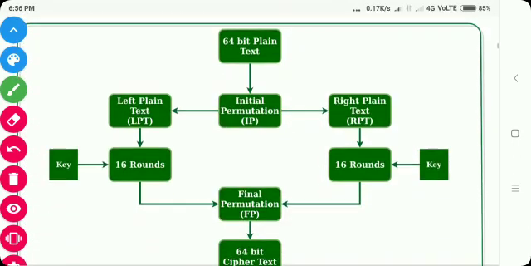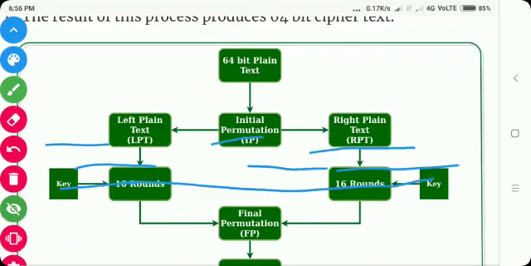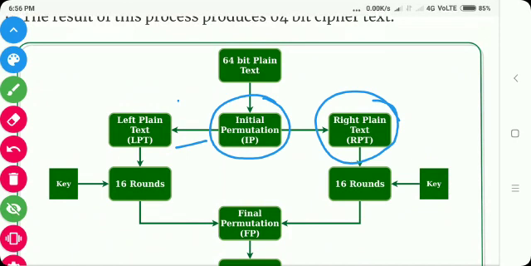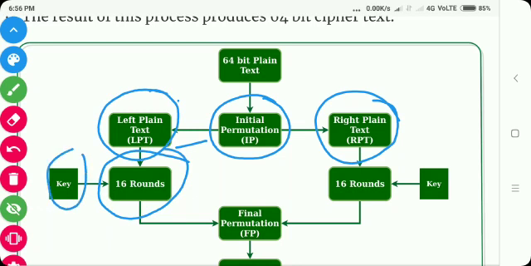Here the first step is that the 64-bit plain text is given to the initial permutation. This initial permutation breaks the 64-bit plain text into the left plain text, that is LPT, and the right plain text, that is RPT. Each of these, the left plain text, goes through these 16 rounds of permutation, and for those 16 rounds the key is provided.